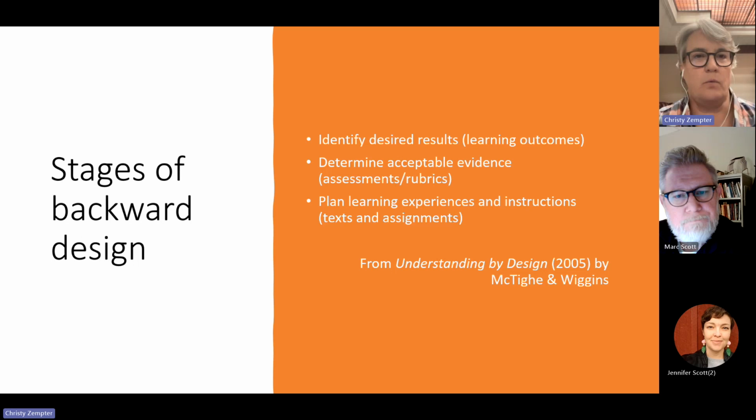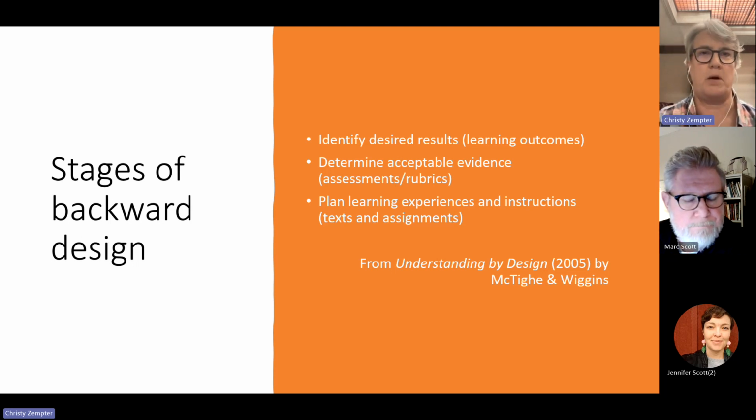So McTighe and Wiggins in 2005 published a book called Understanding by Design, so a little less than 20 years ago, that really kind of started questioning some of the ways that we develop curriculum, particularly starting with our texts and our assignments without giving a lot of thought to how they connect to and relate to the outcomes that we want to see for our students, the skills that we want to see them develop through the class, the knowledge bases that we want to see them build throughout the process of the class.